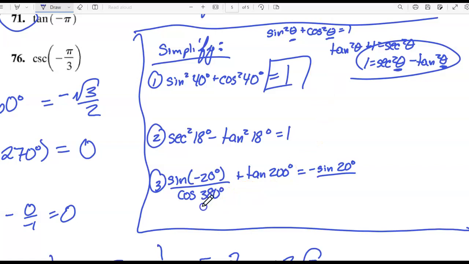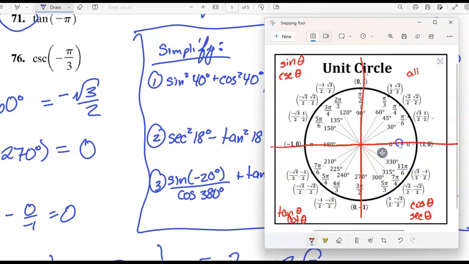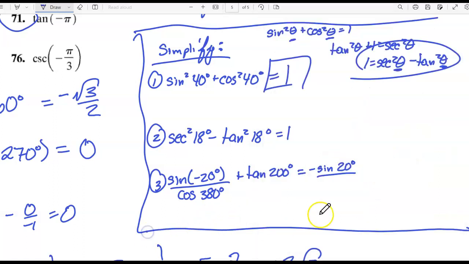So now I got to think about cosine of 380. Cosine of 380, that's going around a little bit more than a revolution, because this is 360, and I'm going to go another 20. So the cosine of 380 would be the same thing as a cosine of 20.